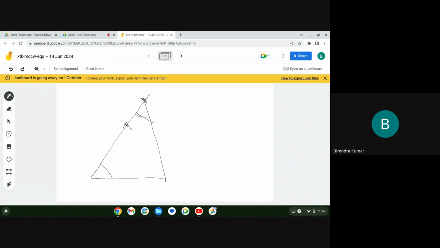I acted very smart, saying, no, this is fine. I have drawn this side, this angle, and then marked it here. Okay, fine. This is my A, this is B, and this is C. Now you join these two.